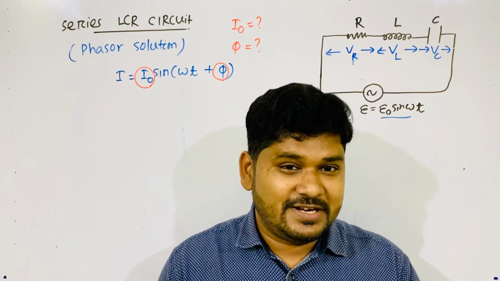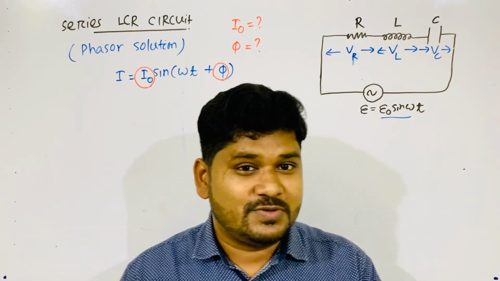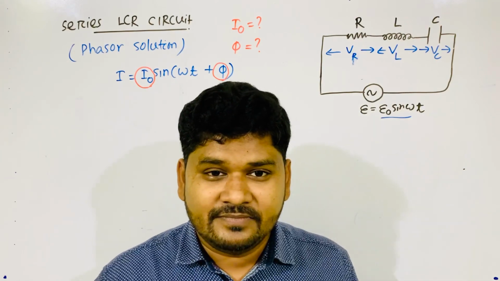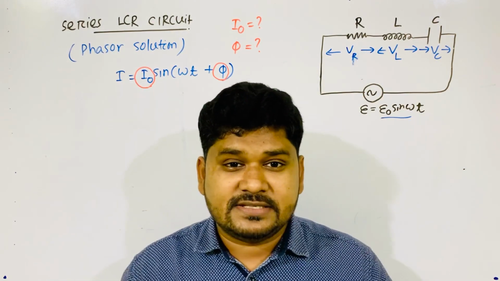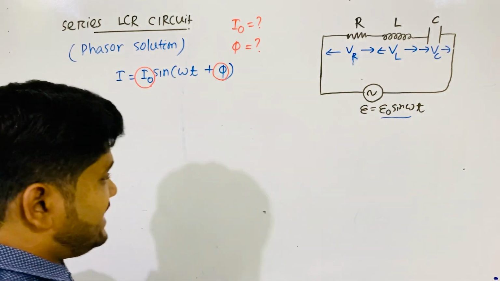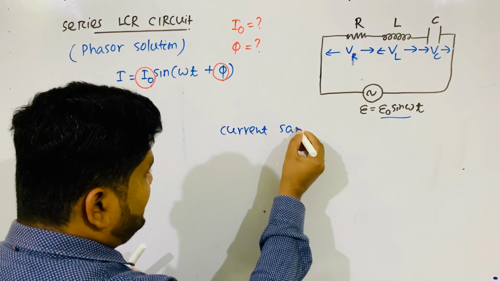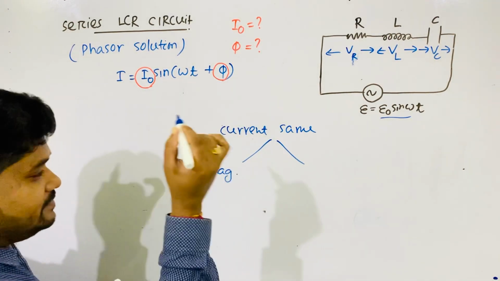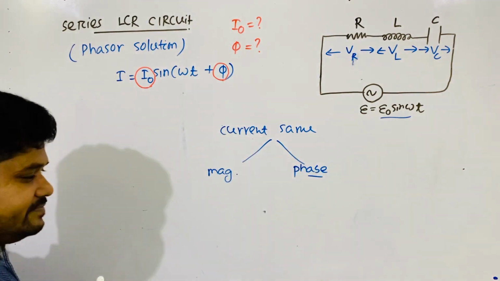So if two things are coming, we have to check whether both will be the same or not. In the series combination of this LCR circuit, current is the same both in magnitude as well as in phase.